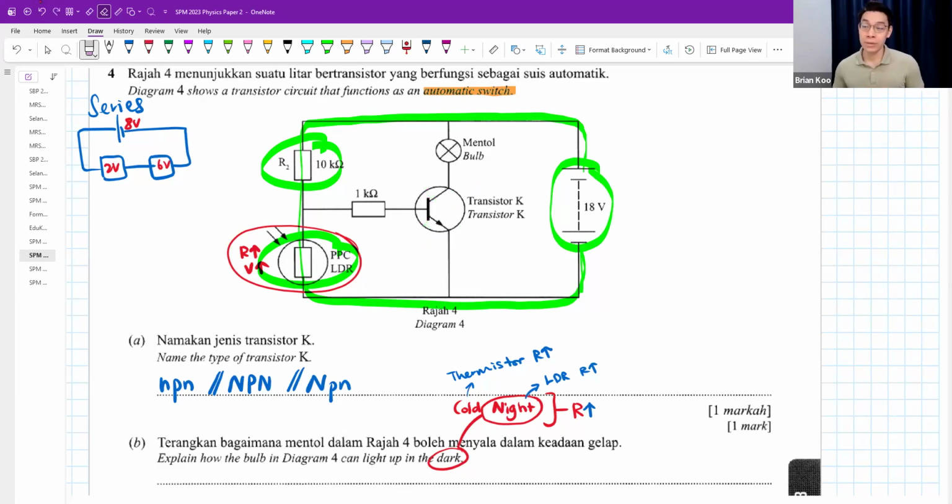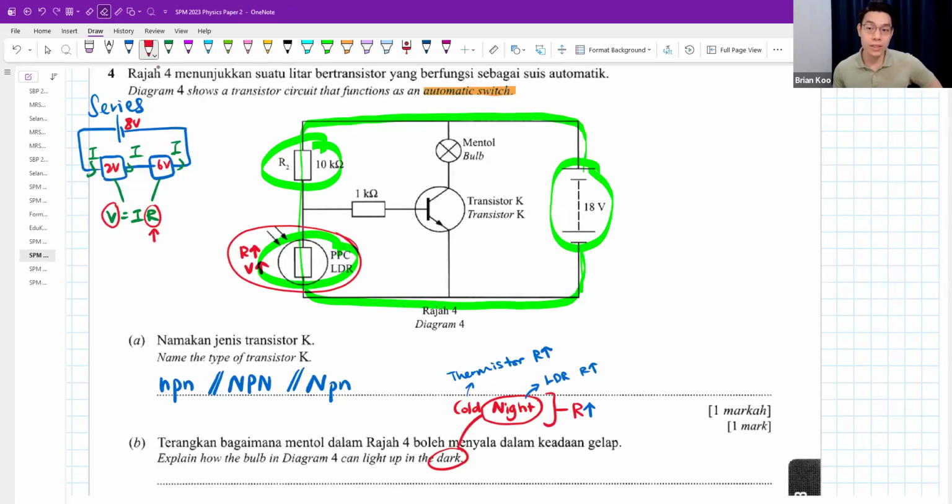So because the resistance is higher, it will get a larger share of voltage. How come? It's because these two guys, they always have the same current. Series circuit current is the same. So you think like this. If the current is always the same, how to get more voltage?